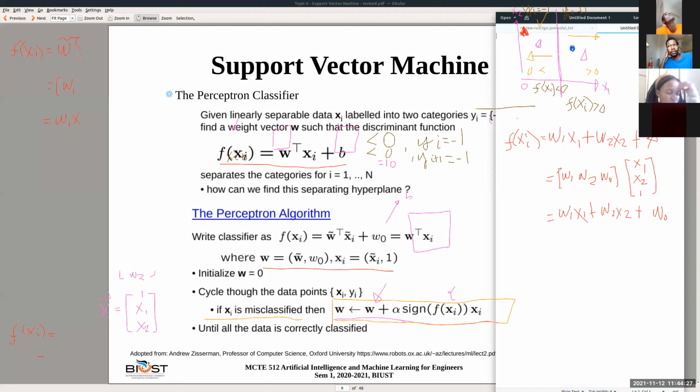You're just multiplying the vector, and this is equivalent.